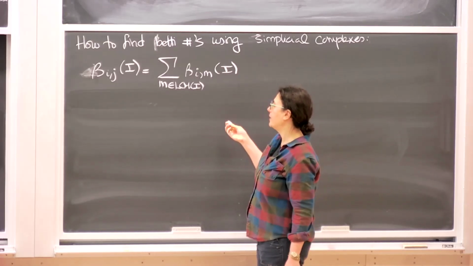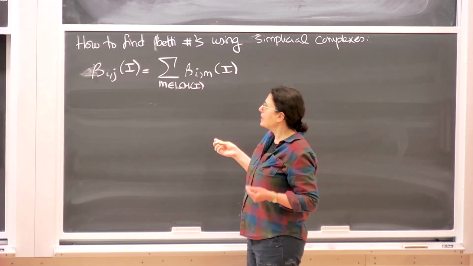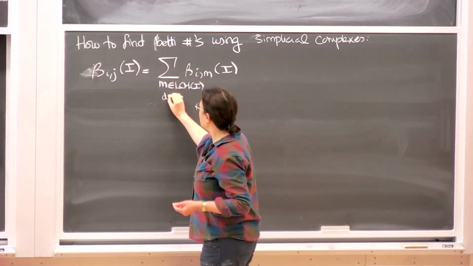Hochster's formula gives you that. So in the end, what this means is, oh, sorry, degree of m is j.